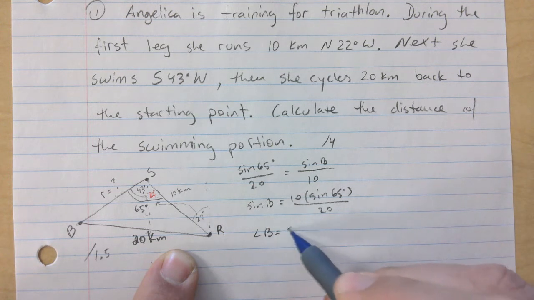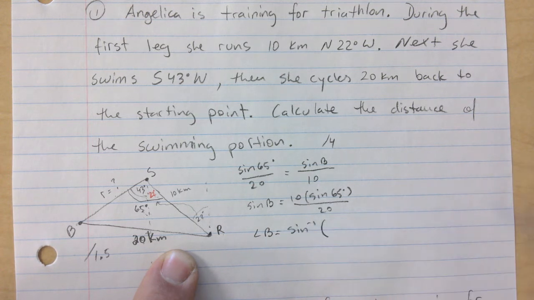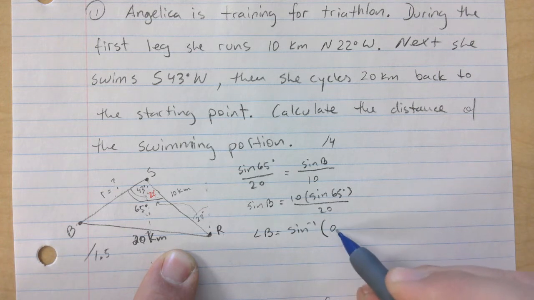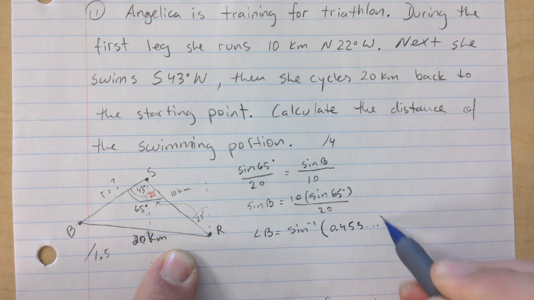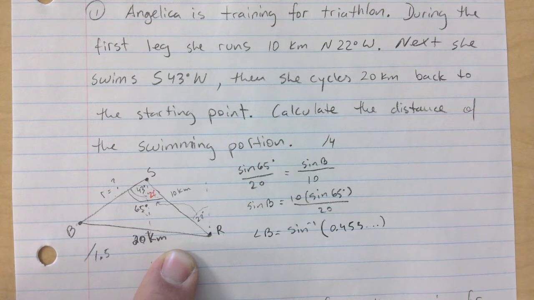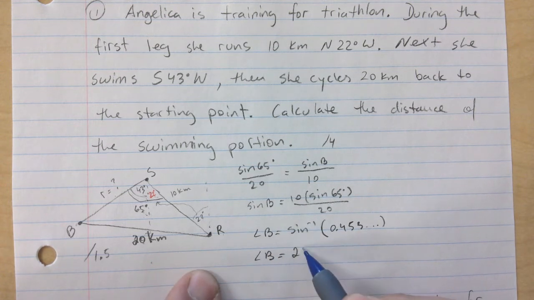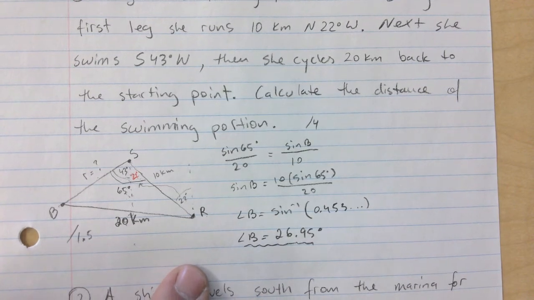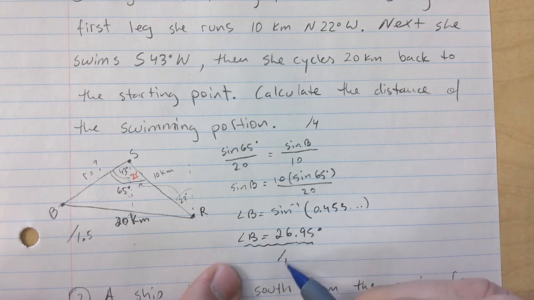Angle B is sine inverse, and it's 0.453, and it keeps going. Take the inverse of that, you get angle B as 26.95 degrees. I'm going to underline that because that's important. So we're going to give you 1 mark for coming up with this.